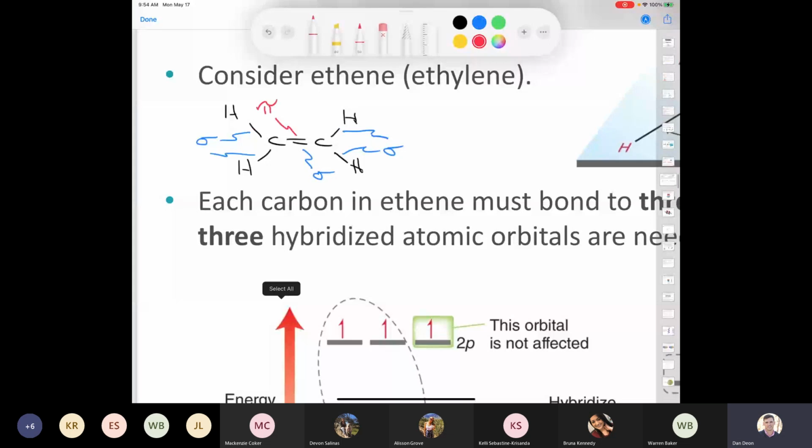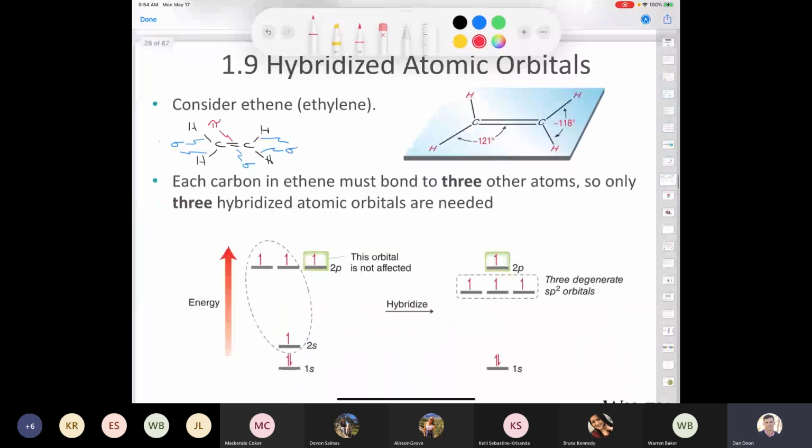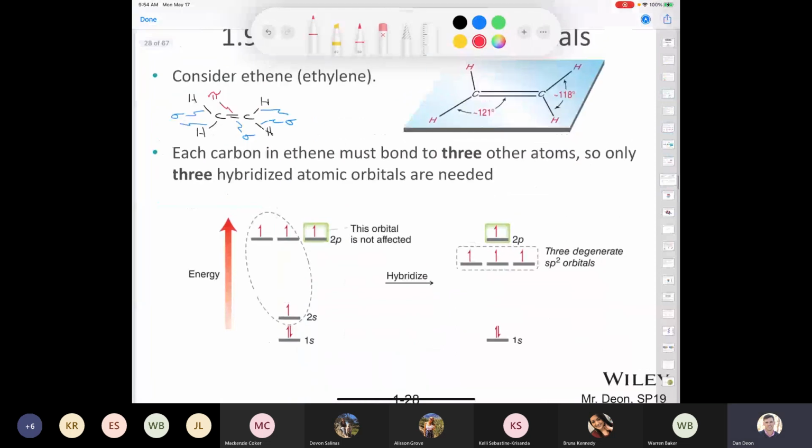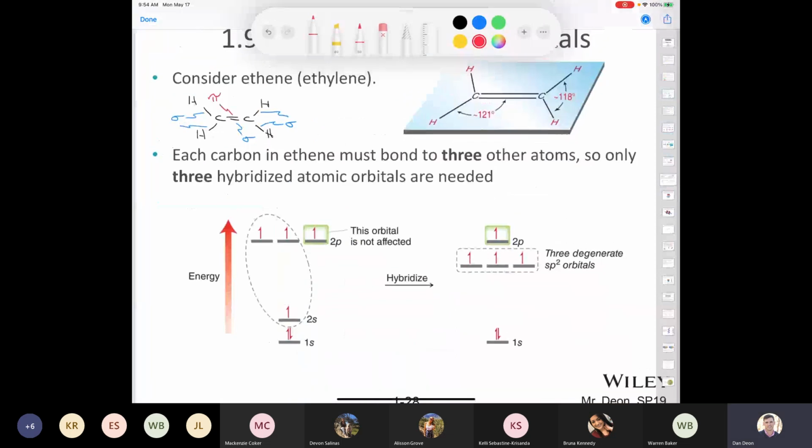A pi bond is the result of the side-to-side overlap of unhybridized orbitals, okay? So in order to form a pi bond, you need to have an unpaired electron in an unhybridized orbital. If we look at that electron configuration of carbon, we promote one of the 2s electrons to a p orbital.